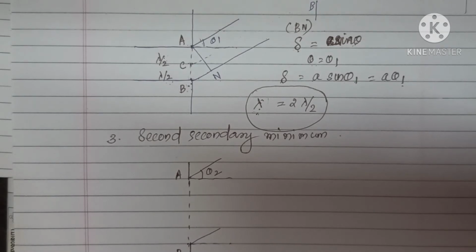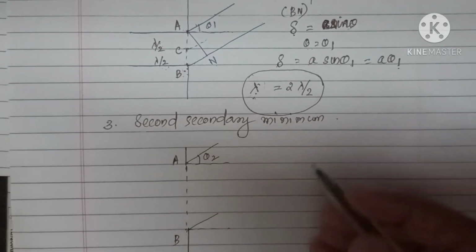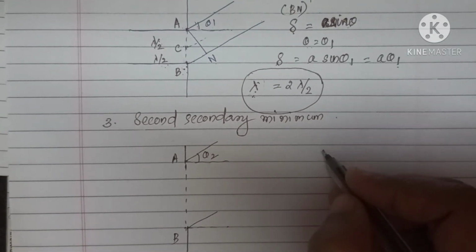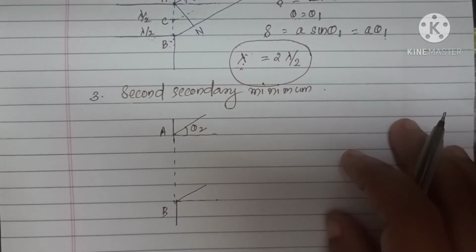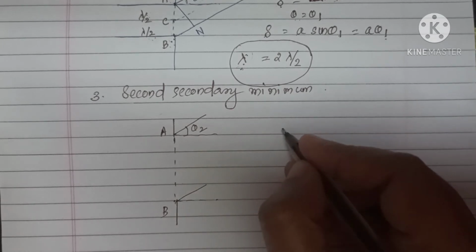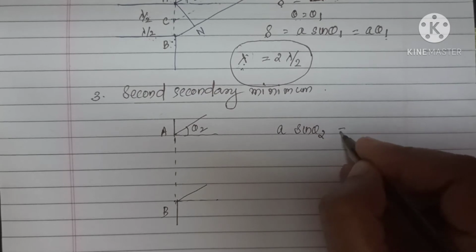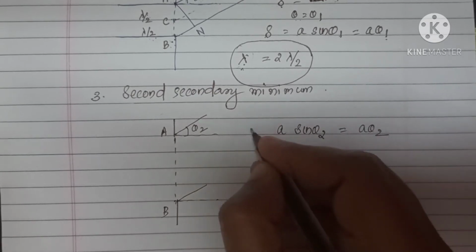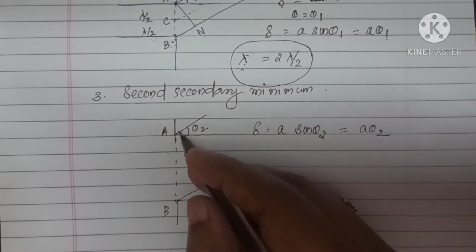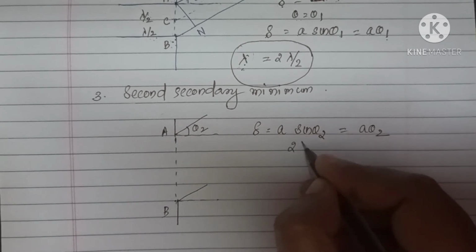Now this slit AB is actually divided into 4 parts. That is, we are assuming that here the path difference is 2 lambda. So the general expression will become A sin theta 2 or A theta 2 for path difference, and the path difference is assumed as 2 lambda.